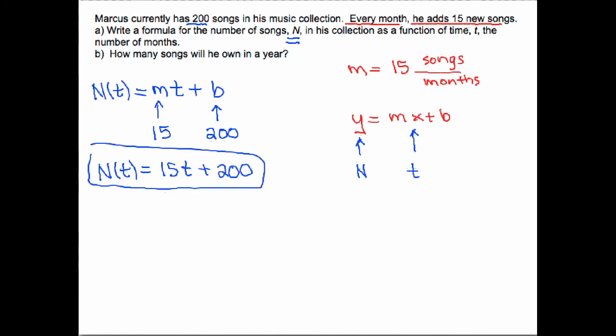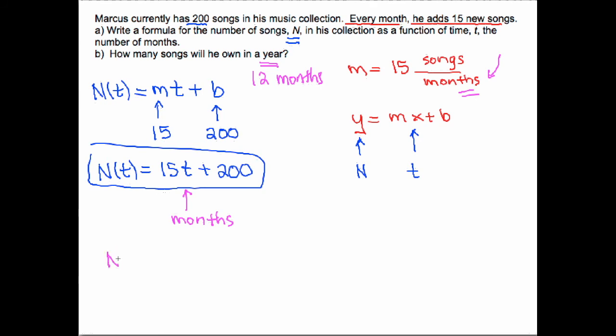Now, how many songs will he own in a year? Well, notice our domain is t, and t is found by looking at the number of months that have passed. I can read that off my units for slope. So what we really want to ask is how many songs will he own in 12 months?